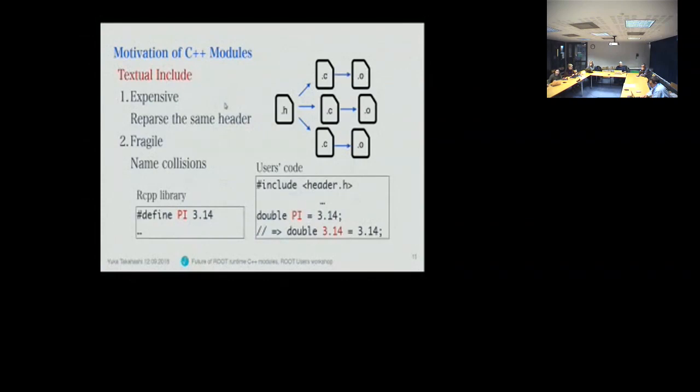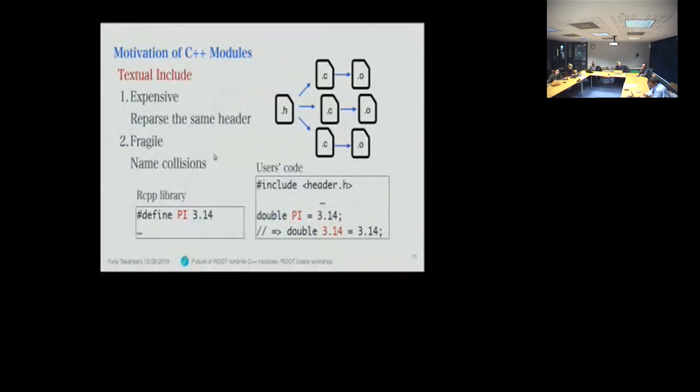As it is just copy-pasting the header, the parser has to reparse the same header again and again. It is fine to do this if it was included only 3 times, as in this image, but in reality the same header file is included, for example, 500 times in one translation unit. So the overhead will increase by orders of magnitude if it is included like 1,000 times, which happens in experiment code.